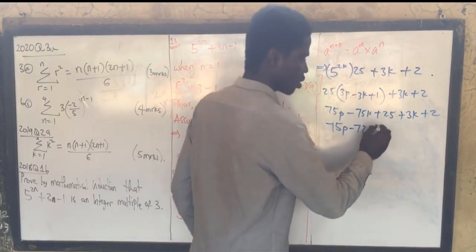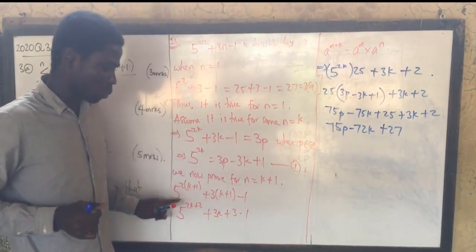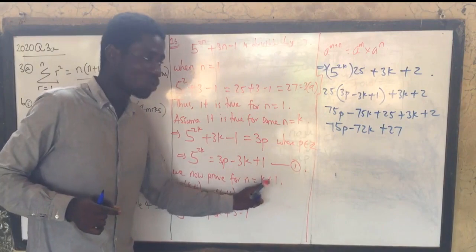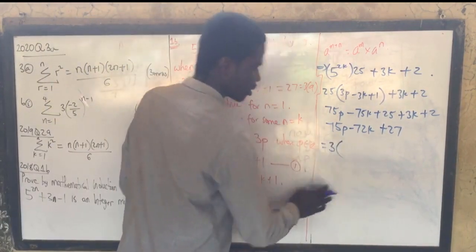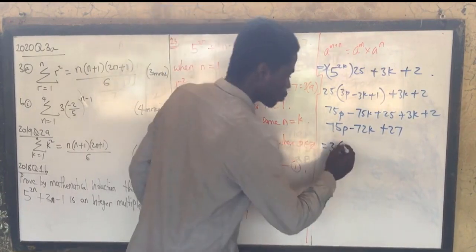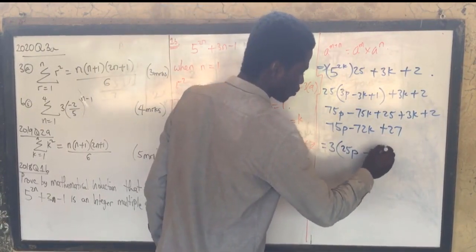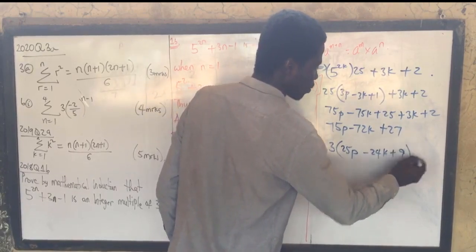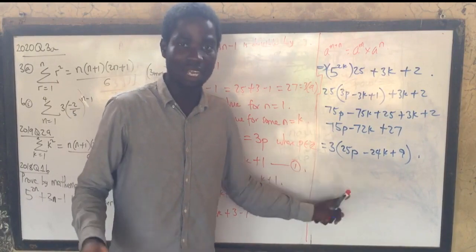25 plus 2 is what? 27. You know, what am I evaluating? I'm evaluating 5 raised to power 2k plus 2 plus 3k plus 2, I'm doing it for n equal k plus 1. Is it not obvious now? Look at it. I factorize 3 out. This one will become 25p minus 24k plus 9. What does that mean? I factorize 3 out. That means it's a multiple of 3 because I can factorize 3 out of it.